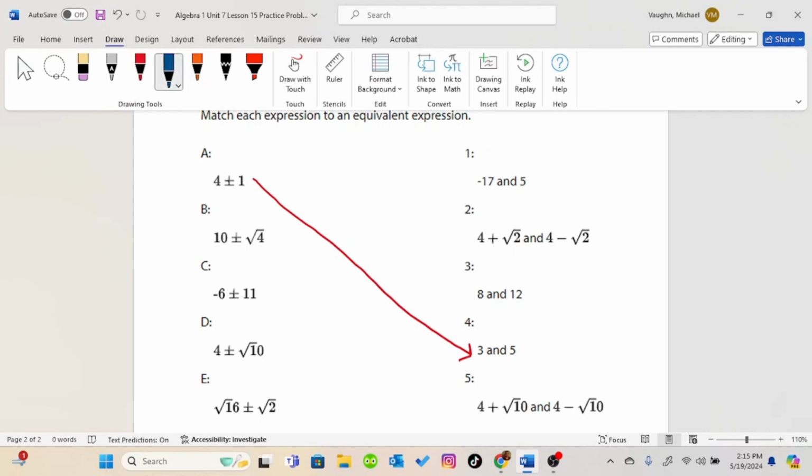B gives us 10 plus or minus the square root of 2, or square root of 4, which is plus or minus 2. So 10 plus 2 would be 12, and 10 minus 2 would be 8. So B matches number 3.